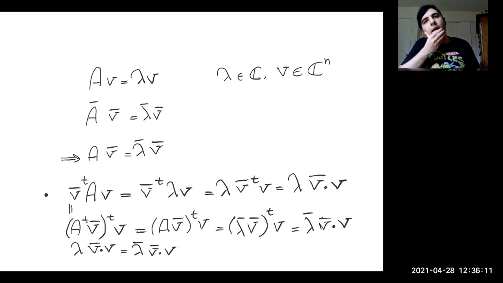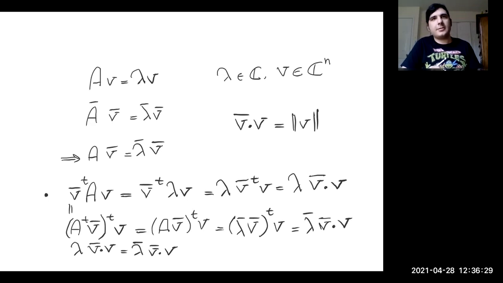And then, the point is that if V is non-zero, so this thing, for any complex vector, V bar dot V is the norm of that vector. Just like a complex number, if you multiply any complex number by its conjugate, you get its norm squared.